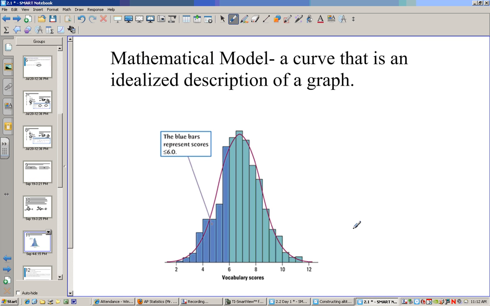Now, when we have data, sometimes it's nice to have a mathematical model, which is a curve that's an idealized description of the graph. No data will exactly fit this curve, because the data will have edges where the curve does not.